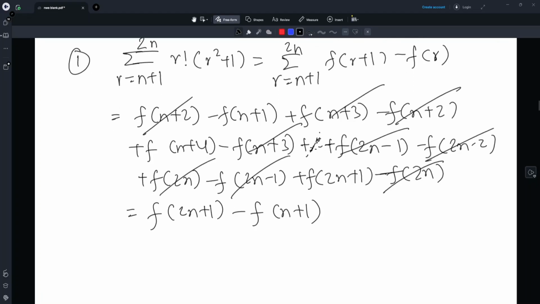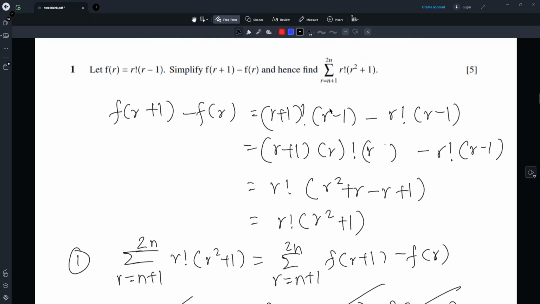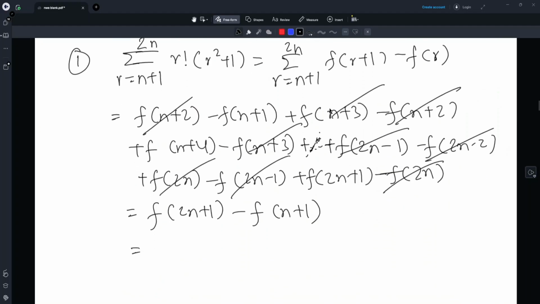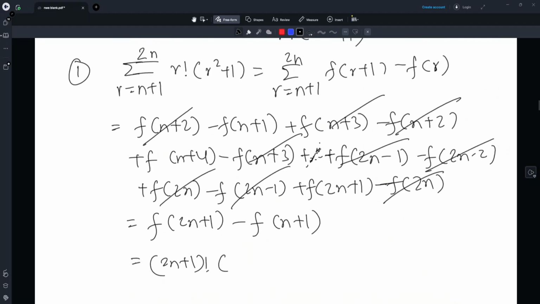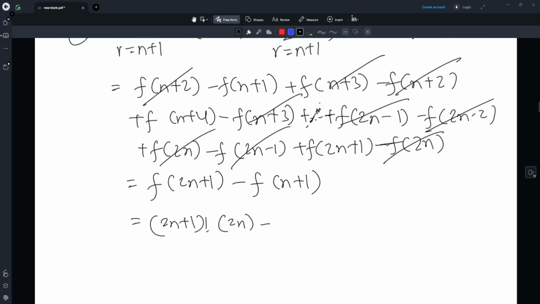So therefore we have 2n plus 1. So it means we have r factorial 2n plus 1 factorial r plus 1. So it's going to be 2n minus n factorial. And we have n plus 1.